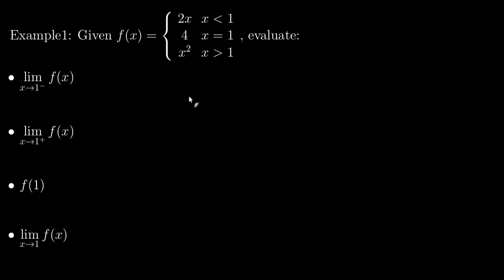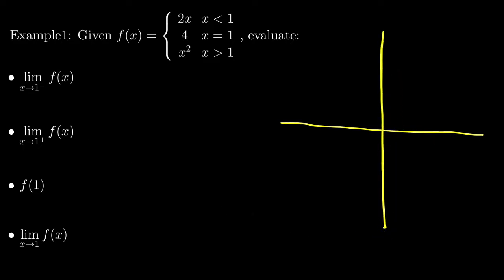So before I get started, I can look at a graph to see what's going on here. That's one option. So I know that when I am left of 1, I follow the 2x. So at 1, 2x would evaluate out to 2. So let me put this in here.